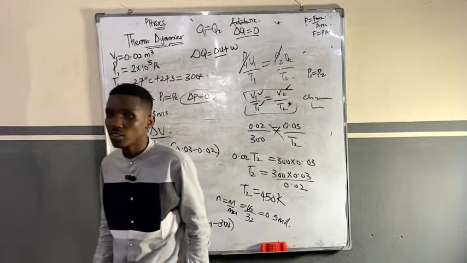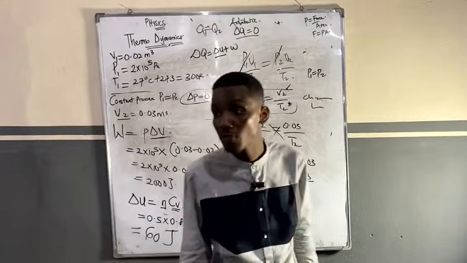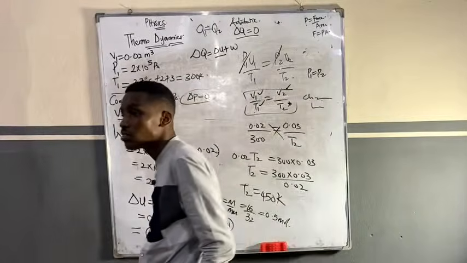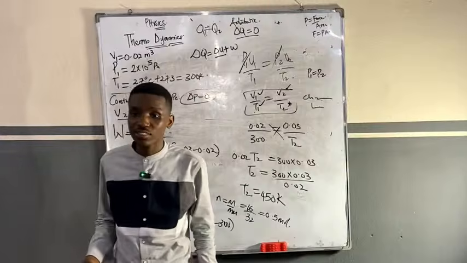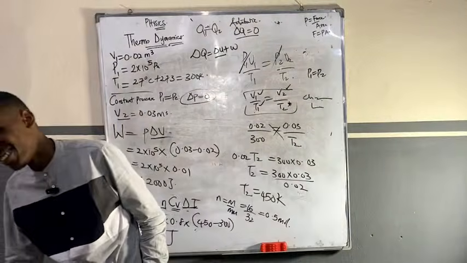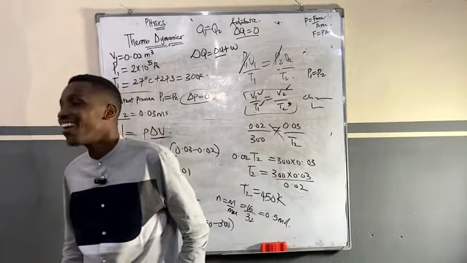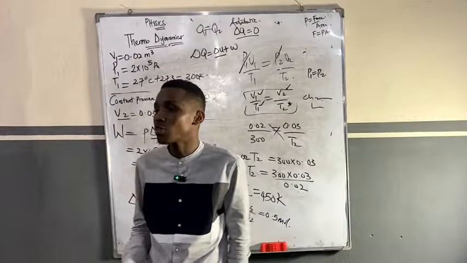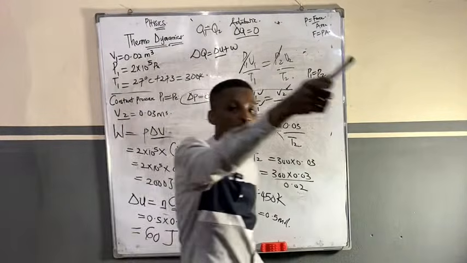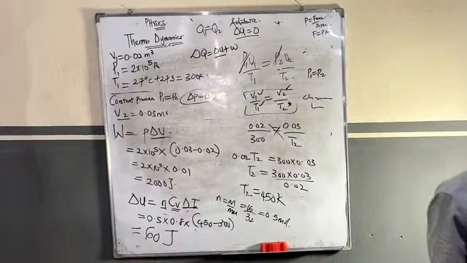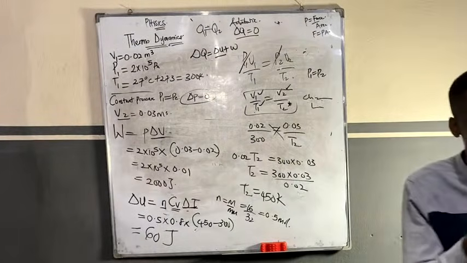Listen, what's efficiency? Physics students, efficiency. Work output over work input times 100. But what does it mean in English? Let me come to the girls. What does efficiency mean in English? If I say something is efficient, what do I mean?